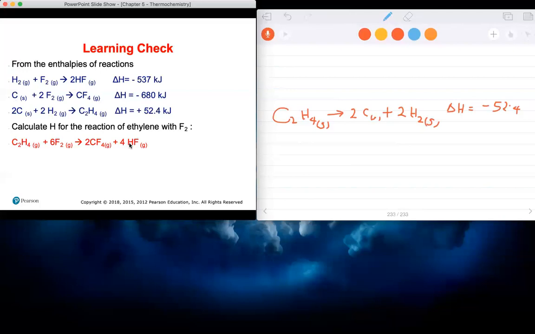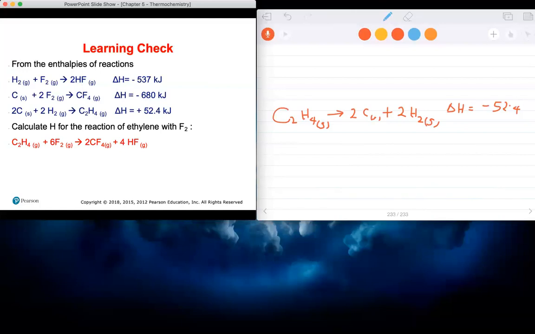You see HF right here, on the product side. This means the only equation with hydrogen fluoride on the product side is equation 1, and it should remain. I don't need to flip that. But I have 4 here, but I have 2 here. That means equation 1 was multiplied by 2.